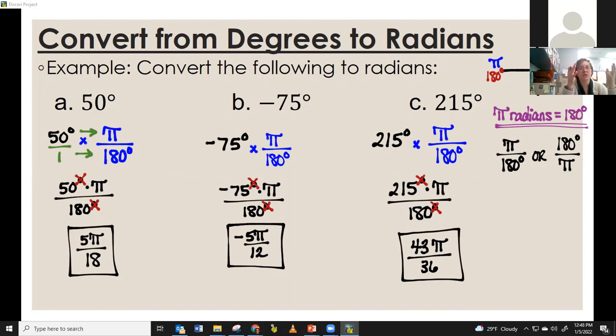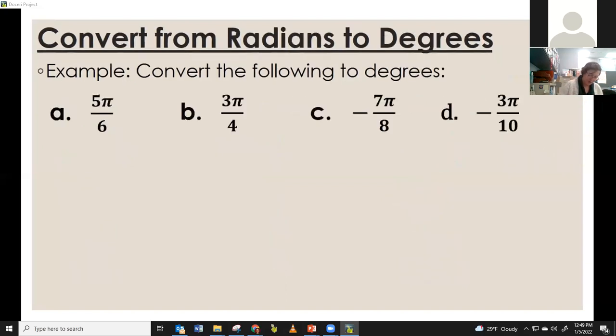So remember that proportion that we used to convert was that pi radians is equal to 180 degrees. So we can use the proportion of pi over 180 degrees or 180 degrees over pi to convert between those two. So I'm going to pop that proportion up here in the corner for us to use.